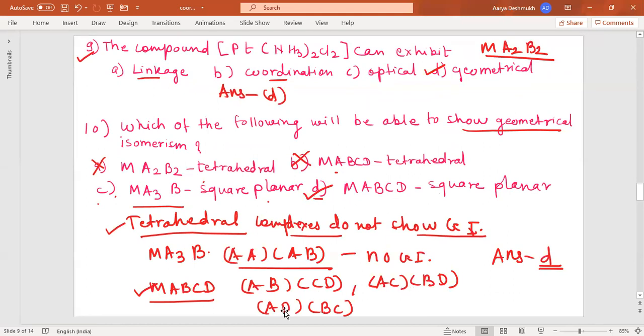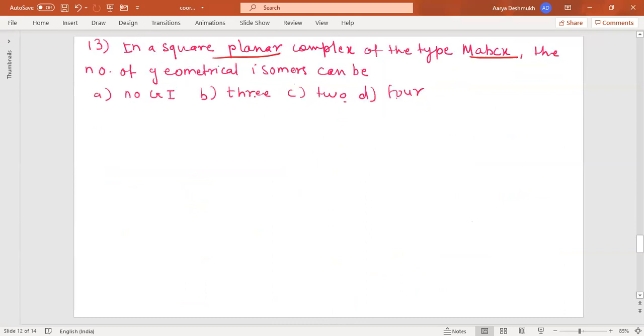So the number of possible geometrical isomers here, there are 3, isn't it? This is MABCD type of complex, so it shows 3 geometrical isomers. Now the answer for this will be C. You can listen to the explanation for this one.